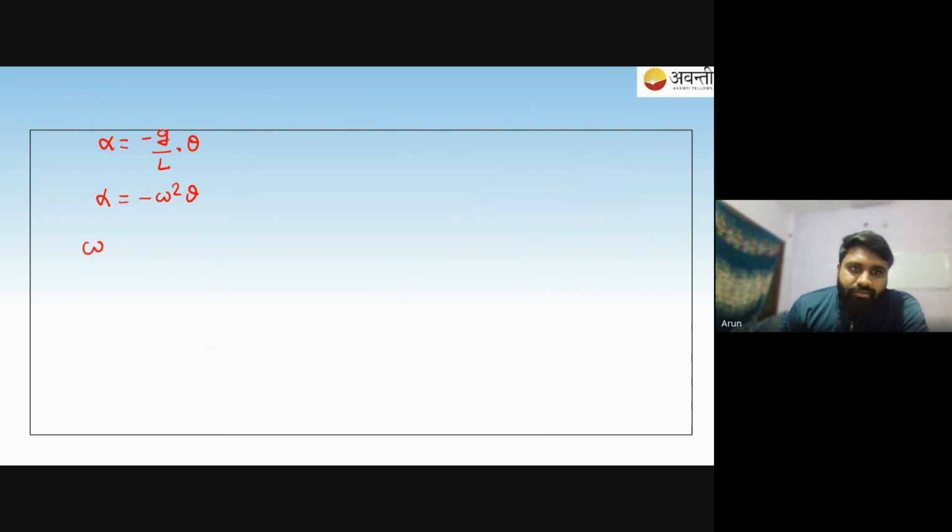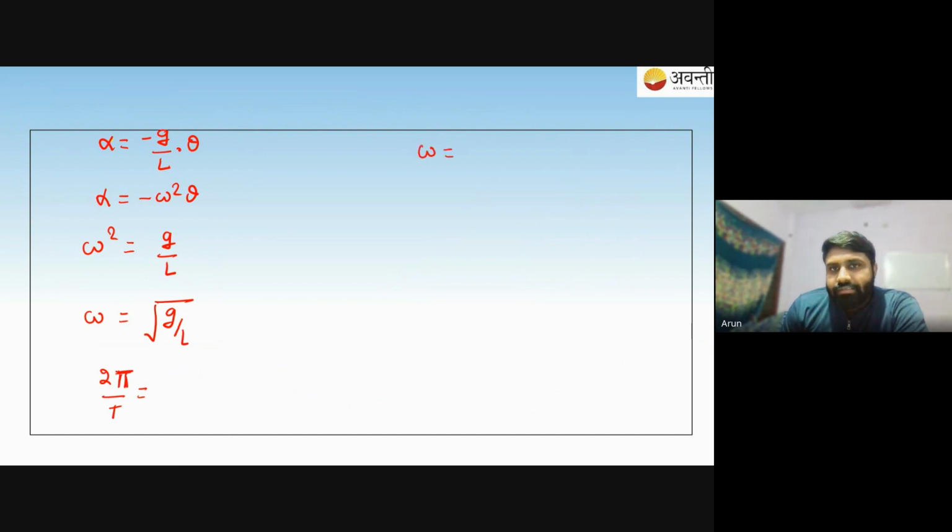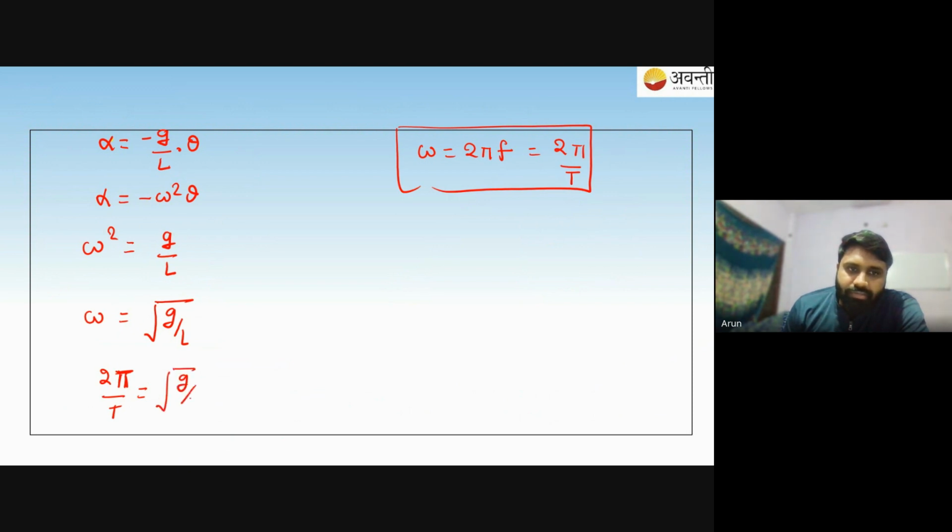So omega square you will have as g upon L. Omega you will have as square root of g by L. Omega you can write as 2 pi by T, because omega equals 2 pi into f. f is the frequency, and frequency you can write as 1 by T. So omega will be 2 pi by T. So 2 pi by T is root of g by L. We can say that T is equal to 2 pi root L by g.